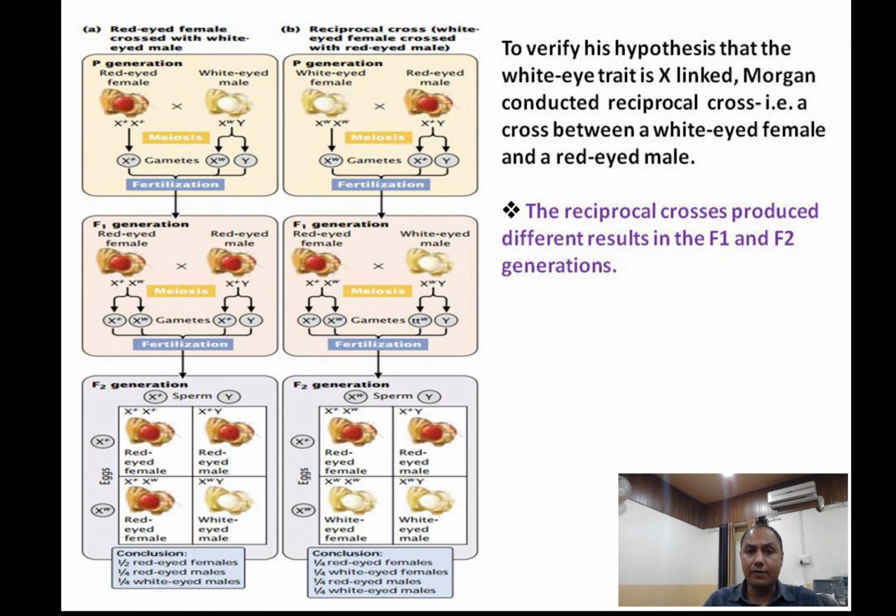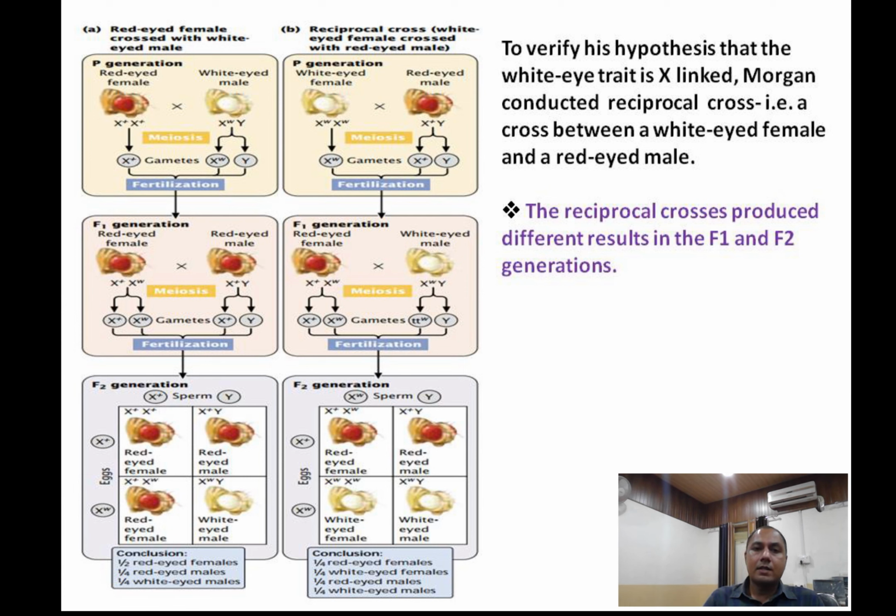He then proceeded to the F2 generation and found surprisingly that 50% of females are white-eyed and 50% are red-eyed, and the same pattern is followed for the males: 50% white-eyed and 50% red-eyed.